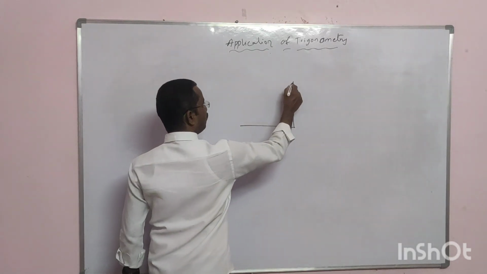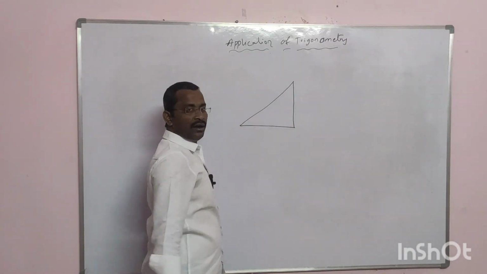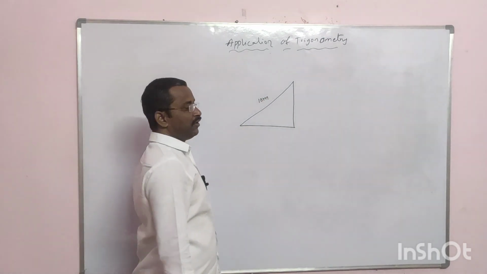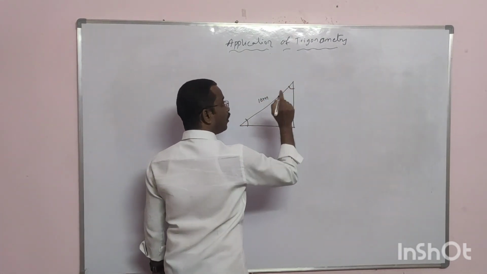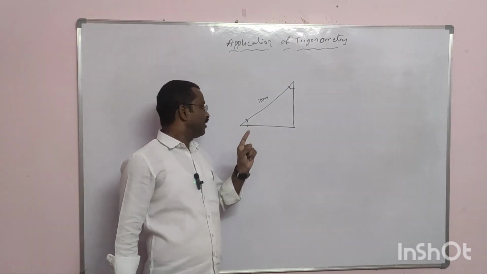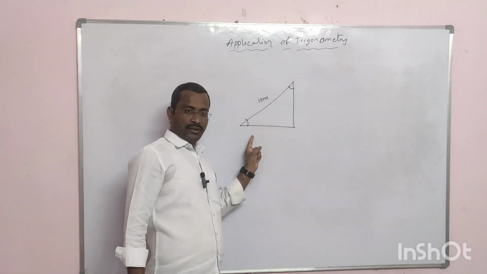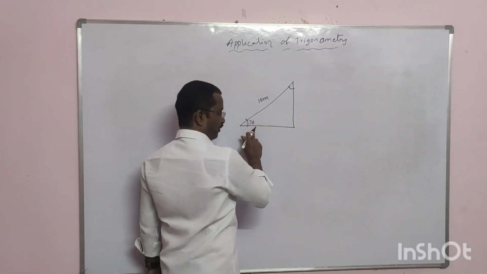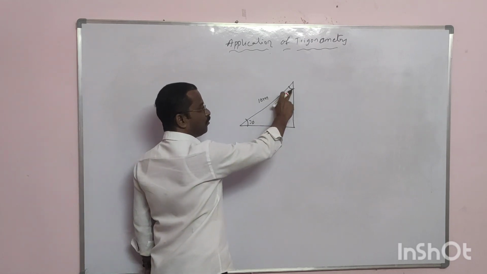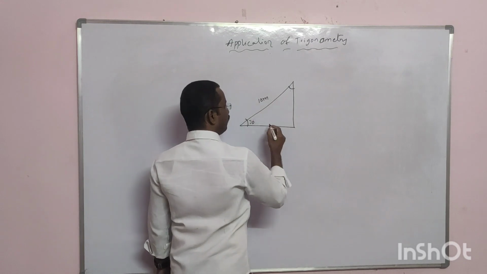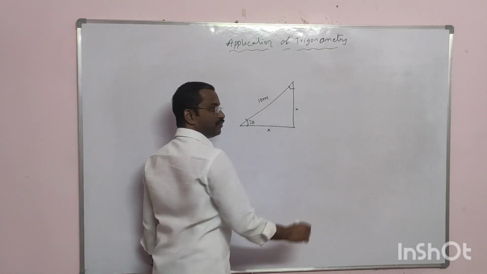So this is your ladder, and he said it's 10 meters. It makes an angle with the ground and with the wall, both are there. Clearly you need to read the question whether he is asking with the ground or with the wall. If he says with the ground 30 degrees, you should take it here. If he says with the wall, you need to take it here.